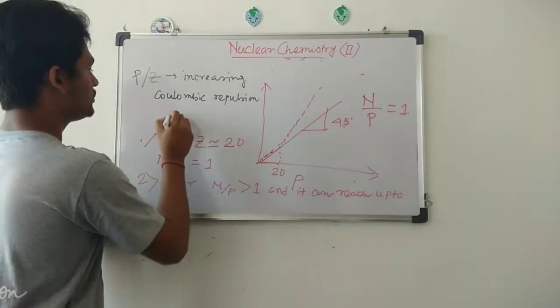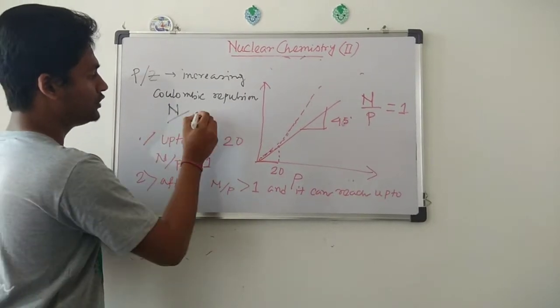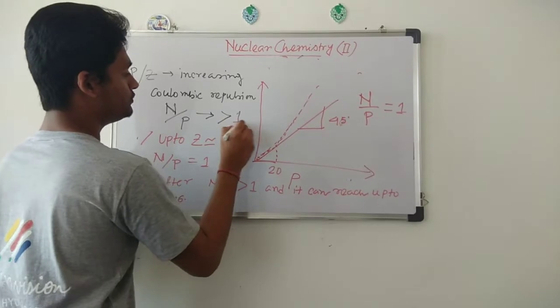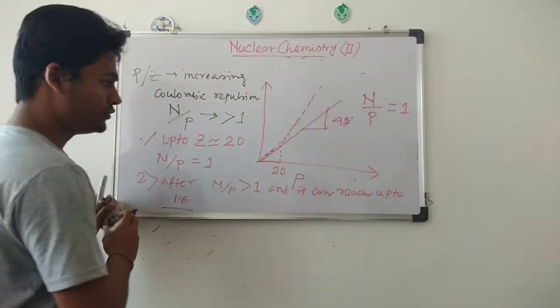So I told you about the N by P ratio. If N increases, it will obviously go higher than 1. That is the thing. So it can reach up to 1.6.